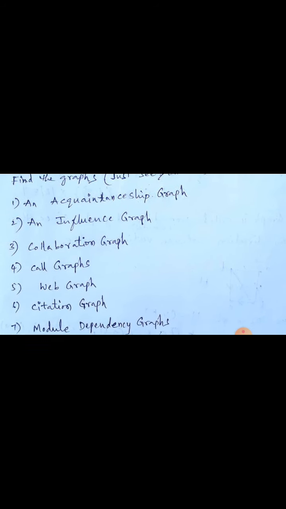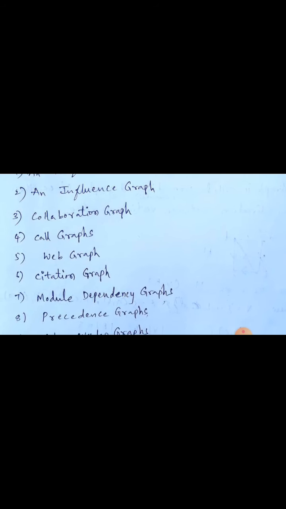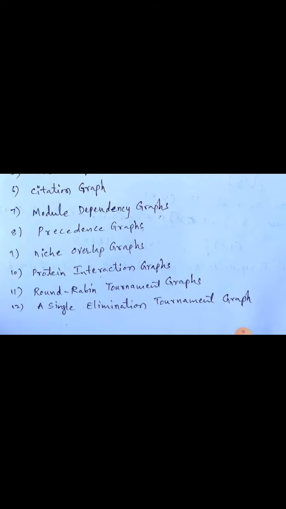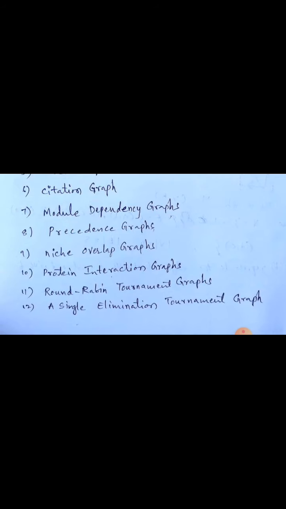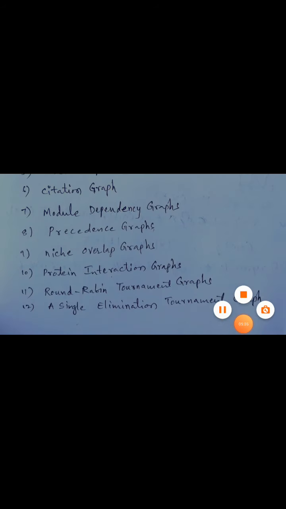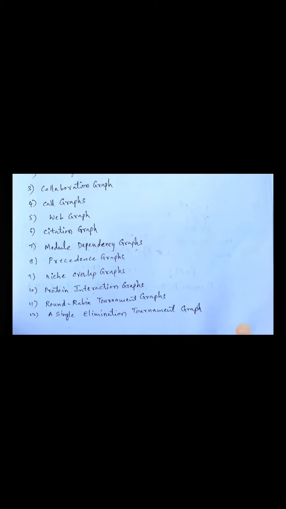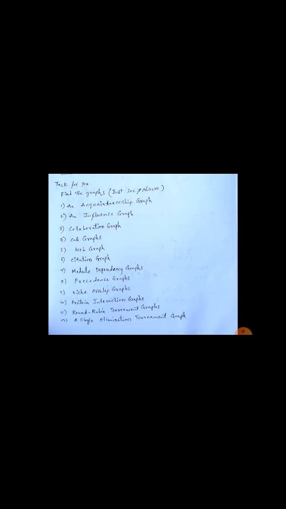Observe all these graphs: an acquaintanceship graph, influence graph, collaboration graph, call graph, web graph, citation graph, module dependency graph, precedence graph, niche overlap graph, protein interaction graph, round robin tournament graphs, a single elimination tournament graph. Just look at all these graphs in Google.